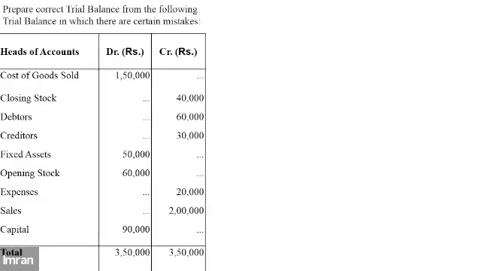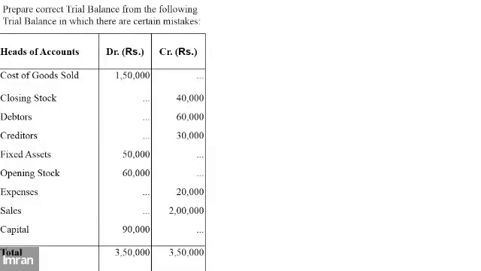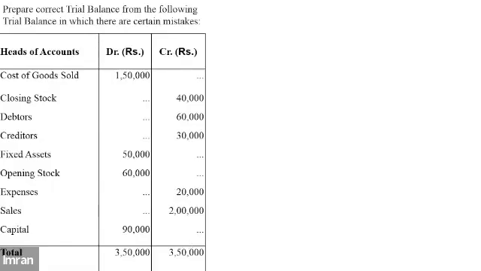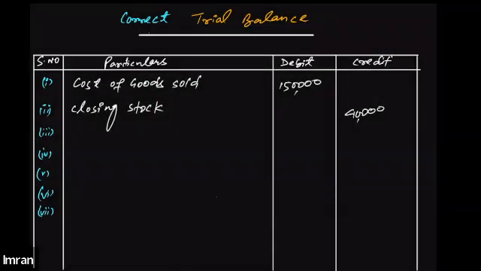Then closing stock. Closing stock always has a credit balance. That is also correctly recorded. There is no mistake while recording the closing stock in the trial balance. The balance should have been recorded on the credit side, and it has been recorded on the credit side itself. So there is no mistake. 40,000 on the credit side. But debtors are what? What do you think? Debtors are assets, right?